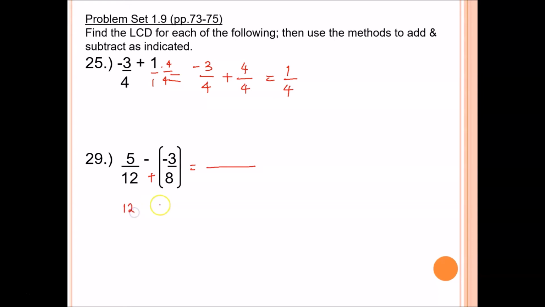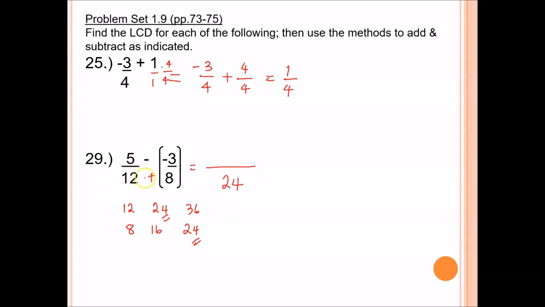So 12, 24, 36. Now for 8, we have 8, 16, 24. Again, I think we found it. It's 24. So write 24 here at the bottom.